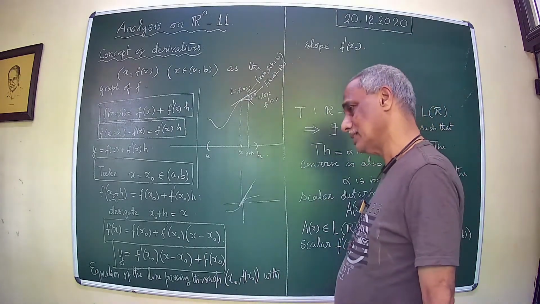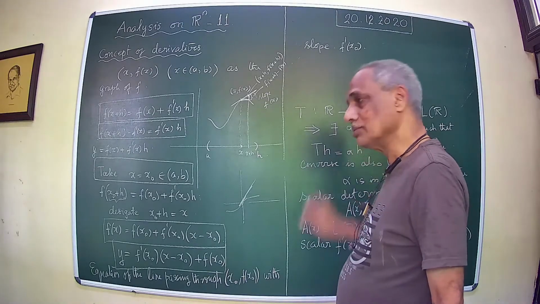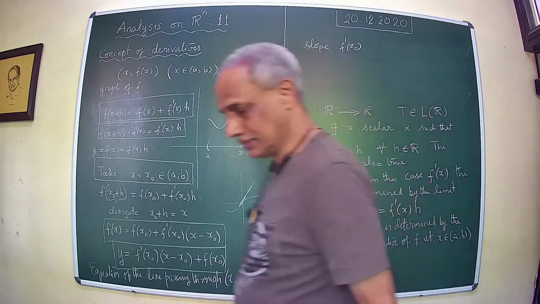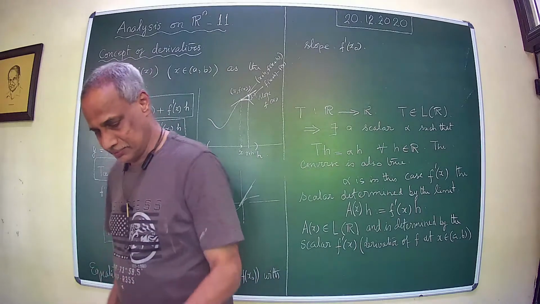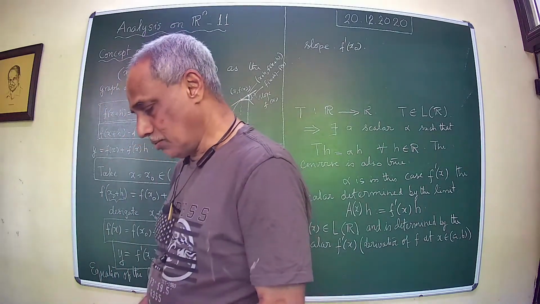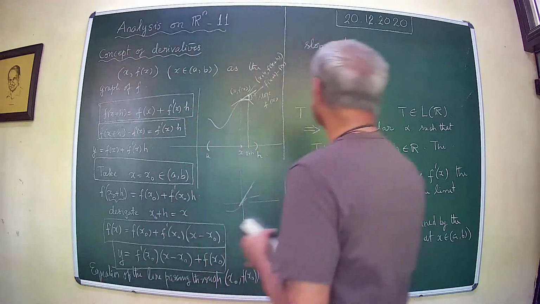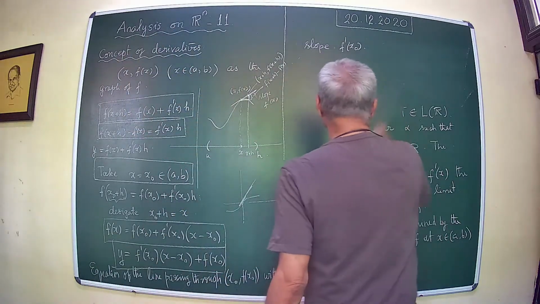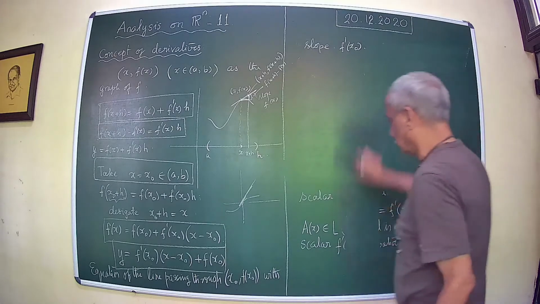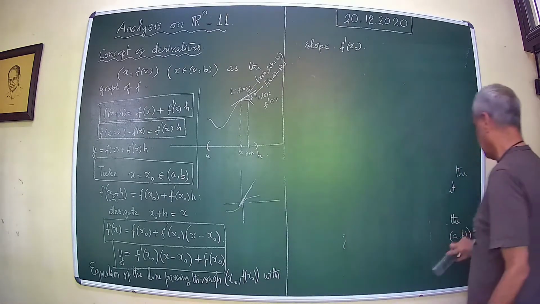As h tends to 0, it's equal to 0. So that is the remainder. Okay, right. Now our problem is this: how to push this idea across to higher dimensions.